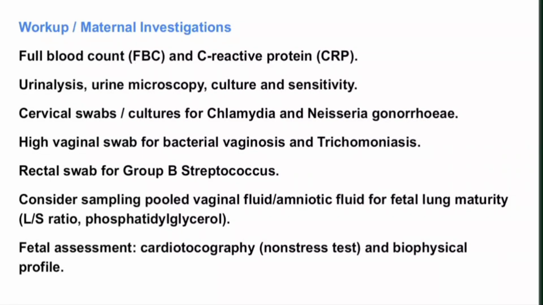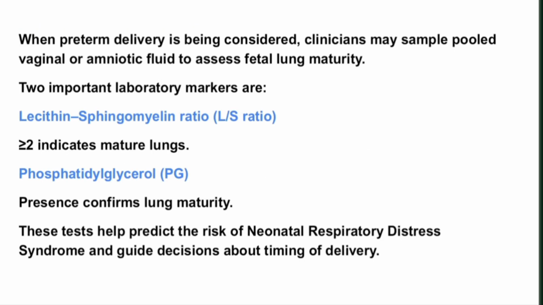I'll explain more about these two tests for fetal lung maturity. We also need to do a fetal assessment. You need to put the patient on a CTG, or cardiotocography, to assess for any fetal distress and monitor the fetal heart rate, to check for any variable decelerations.